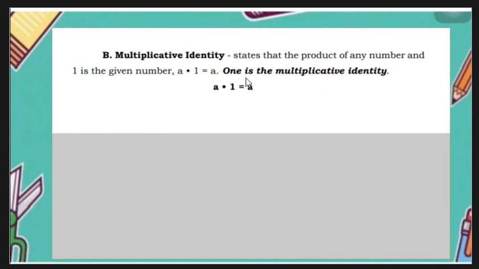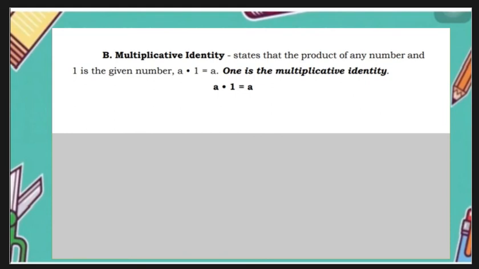Again, 1 here is the multiplicative identity, and that is A times 1, or multiplied by 1, is equal to A.